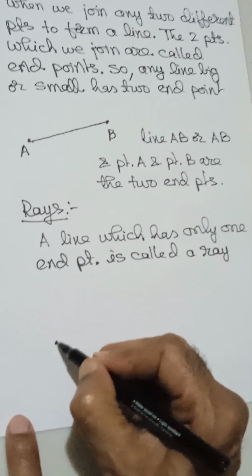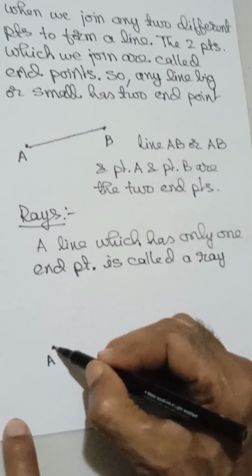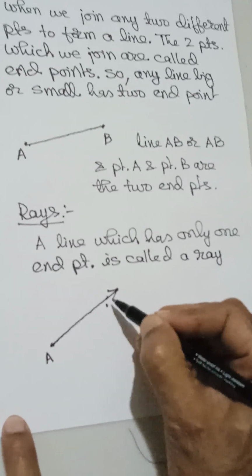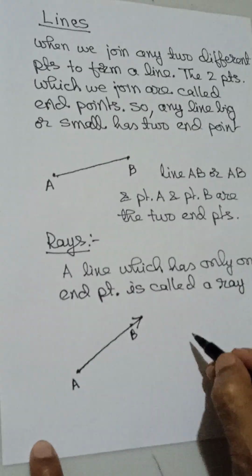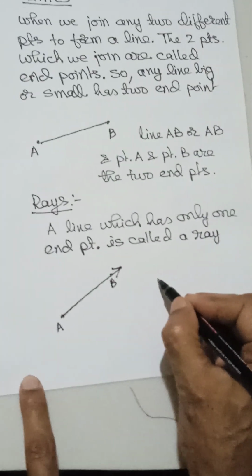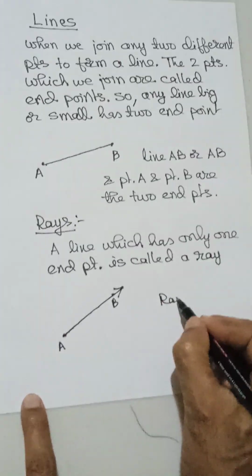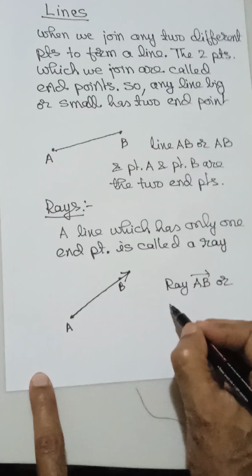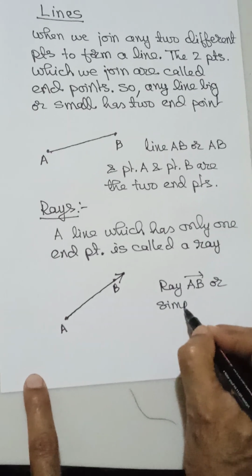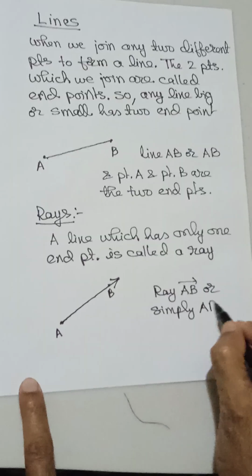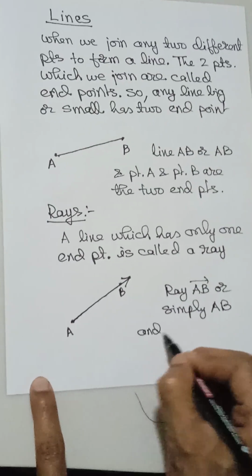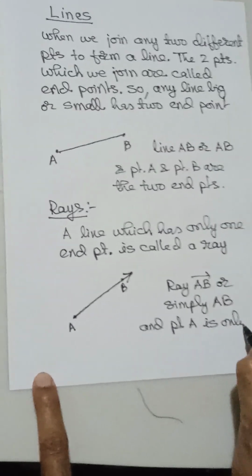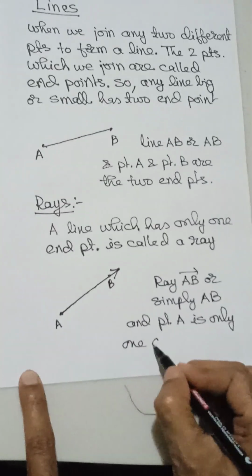So suppose A is a point and we make a straight line from here, and the line is continuous. Take any point B here to recognize this ray. Then it is called ray AB or simply AB, and point A is the only one end point.